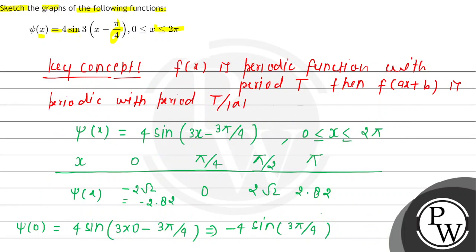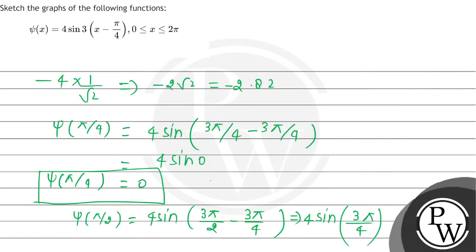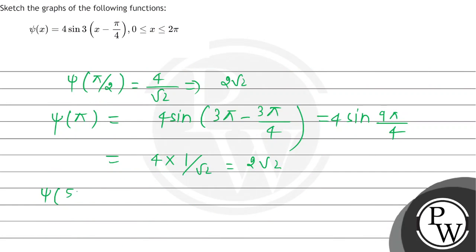So now we'll check at value 5 pi by 4. When value of x is 5 pi by 4, then we'll check the value. 5 pi by 4 पे चेक करते हैं वैल्यू. तो 4 into sine 3 into 5 pi by 4 minus 3 pi by 4.